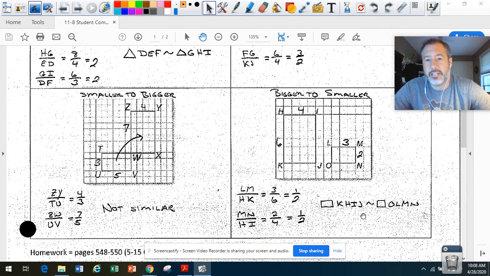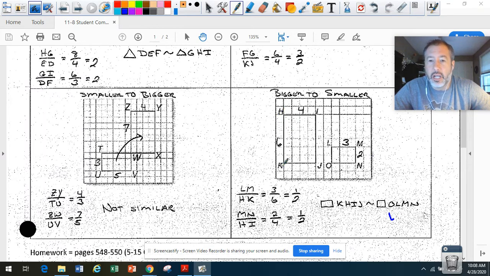Because if I were to tip it down, I say, hey, let's take a look at this here. K, they're saying, goes with O. Okay, I can accept that. But I would prefer K go to L. Let's make it an L. K goes up because I want to tip this down.